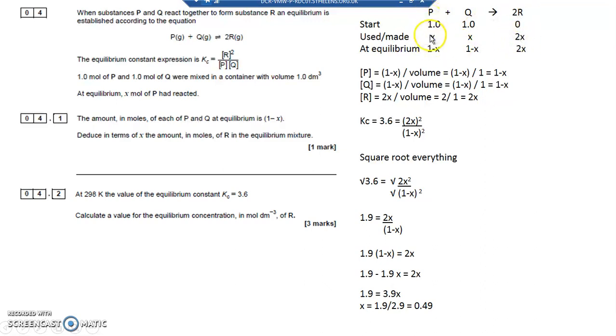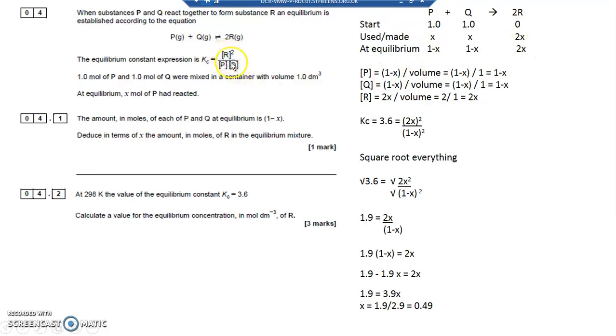So X moles of P used up, X moles of Q used up because 1 reacts with 1, and 1 mole of P makes 2 moles of R, so X moles of P have been used up to make 2X moles of R. So what's left at equilibrium for this equilibrium expression? At the start there was 1 mole, take away X that's been used up, 1 minus X for P, 1 minus X for Q, and R is 2X at equilibrium because there's nothing to start with and we've made 2X.